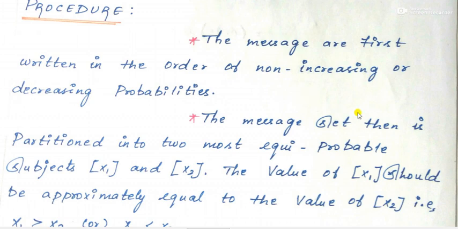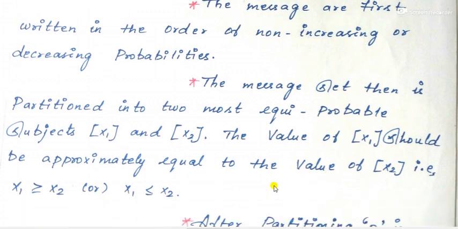And the second condition is that the message set is then partitioned into two most equiprobable subsets, x1 and x2. That is, the value of x1 should be approximately equal to the value of x2: x1 is greater than or equal to x2, or x1 is less than or equal to x2.